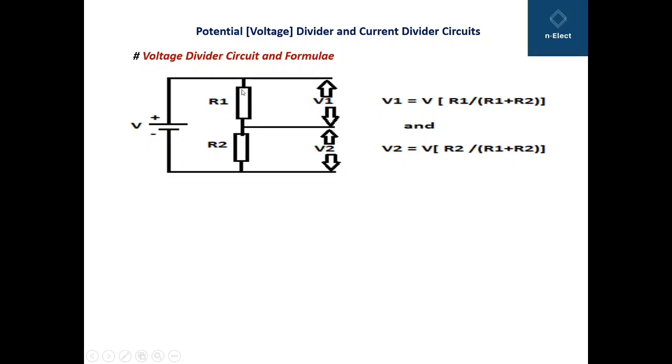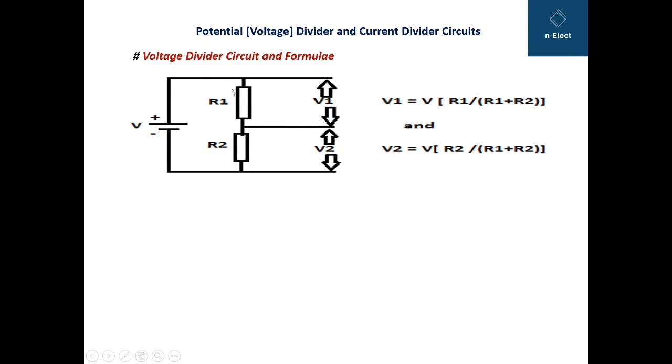The voltage drop across R1 can be calculated from the current flowing through R1. We have just calculated the current flowing through R1 and R2. This is the common current flowing through R1 and R2 since it's a series circuit. So the current calculated was V upon R1 plus R2.